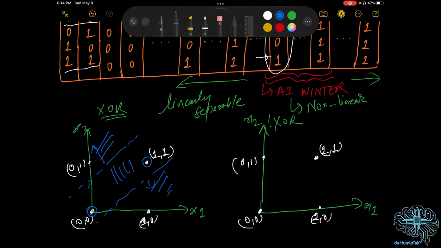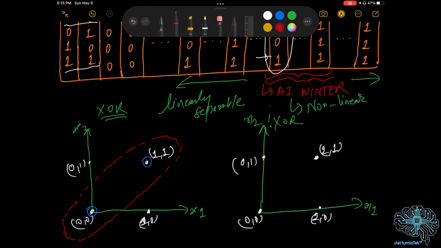Therefore we have to come up with a non-linear decision boundary that can do this job well. It should be something like this. This is a non-linear decision boundary, and this is the region where our neuron will fire, and this is the region where the neuron doesn't fire.